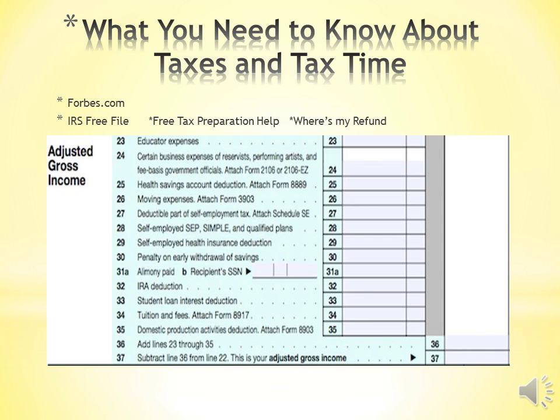Now, if you do decide to use some tax software, whatever software you choose, you'll follow the same basic steps to file your taxes online. Before you get started, make sure you have all your relevant tax documents, such as your W-2 form. Next, follow the instructions that appear. Some questions will ask you to provide personal details, such as your name, address, social security number, while others will require you to type the specific numbers from your tax documents.